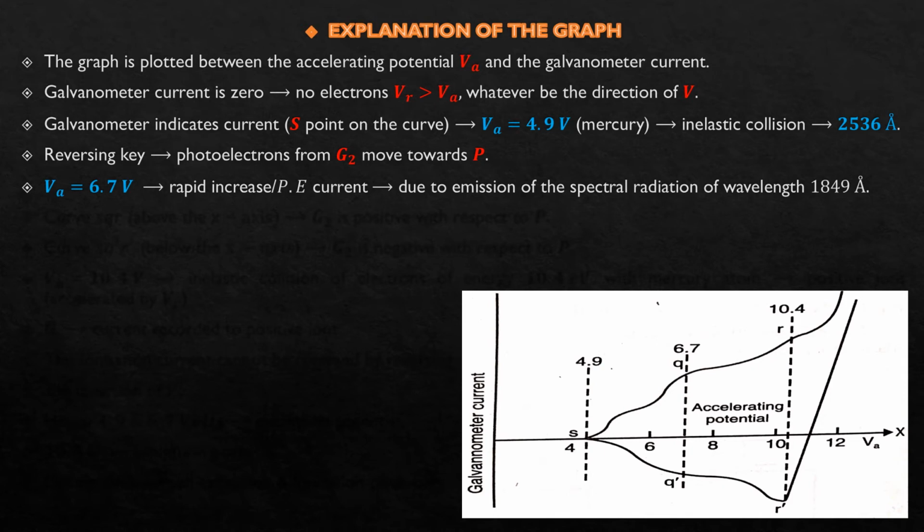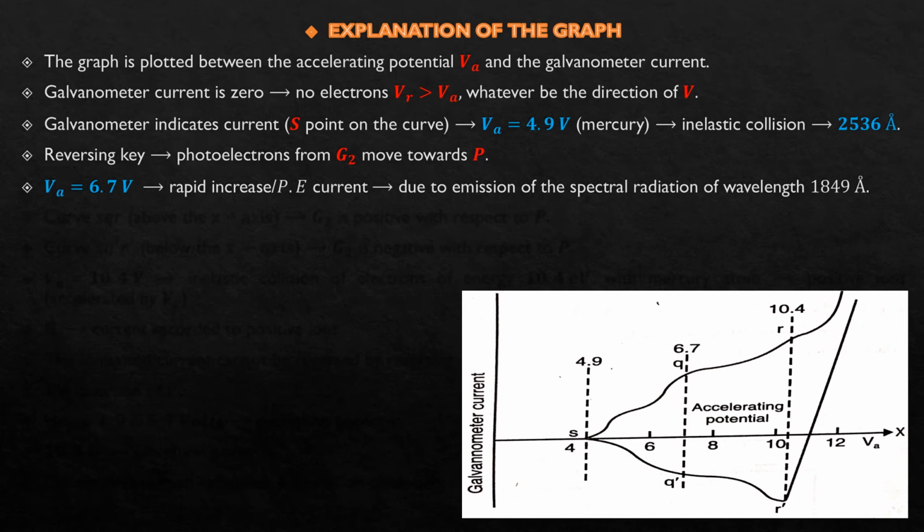If the potential between G2 and P is reversed and the experiment repeated, what happens? Photoelectrons can move from P to G2 and not from G2 to P. So this results in a current in the galvanometer in a direction opposite to that previously obtained. When VA is equal to 6.7 volt, there is a rapid increase in the photoelectric current.